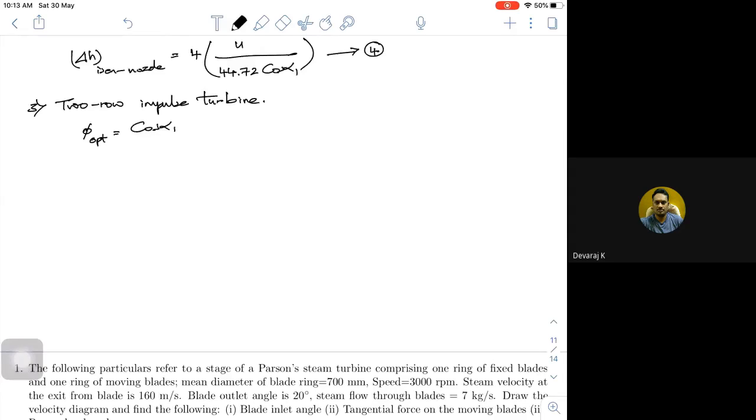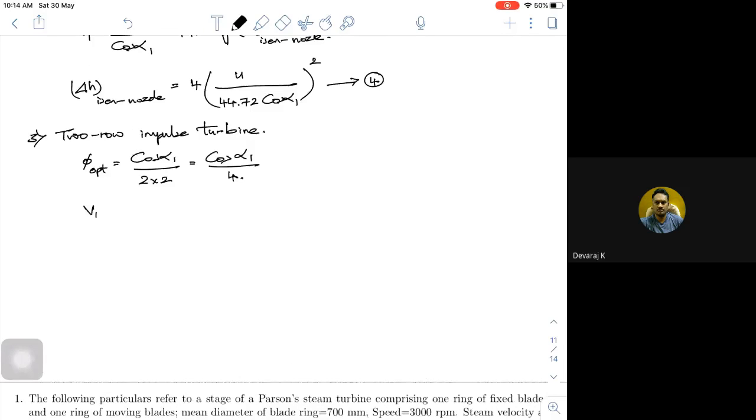To be very precise, this is actually 2 into 2, so I can write it as cos alpha 1 by 4. Or if I write the same thing, V1 is equal to 4 times U divided by cos alpha 1, which is equal to 44.72 square root of delta H isentropic drop in the nozzle.